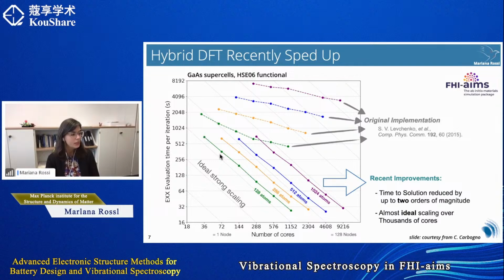And what you see is that the new implementation, which has more layers of parallelization, parallelizes over different elements in the code, basically. So we changed all of the layout of the implementation. It achieves really almost ideal strong scaling, and the prefactor is much reduced. So we have a time to solution reduced by basically 2 orders of magnitude.